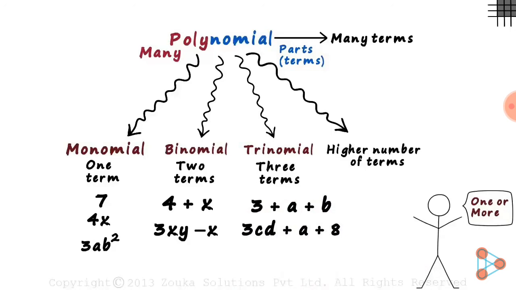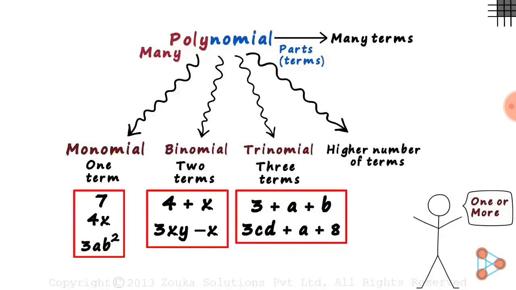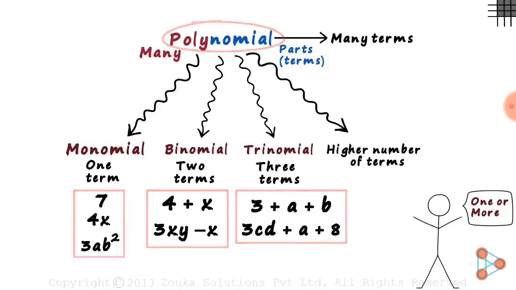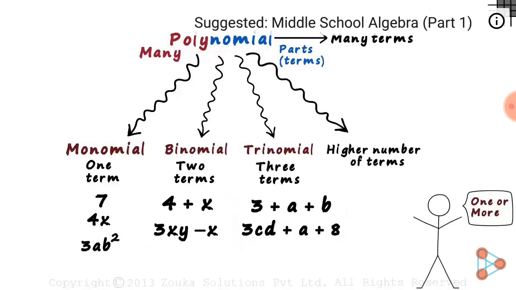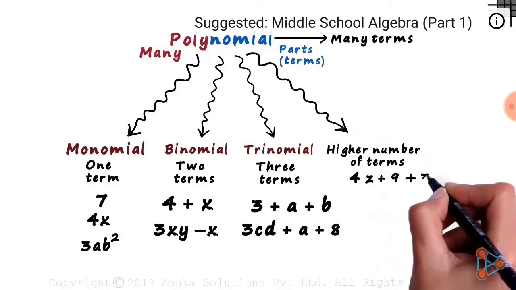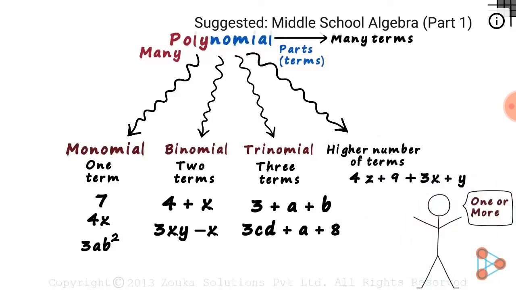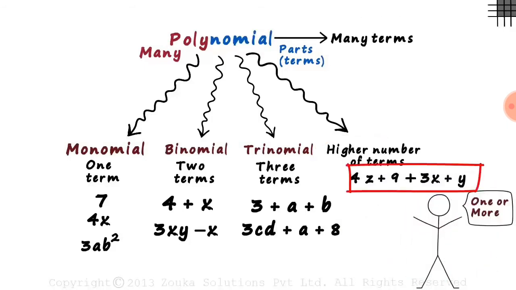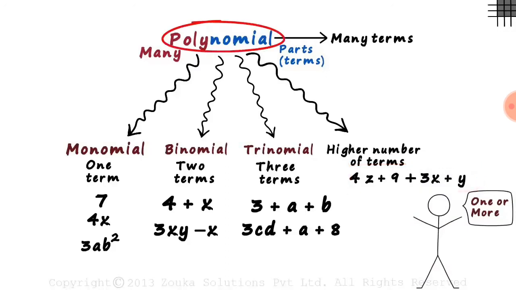Again, let me remind you, all these examples you have seen are polynomials. And an example of the last type would be 4z plus 9 plus 3x plus y. It has 4 terms in all. So remember, a polynomial is an expression which has one or more terms.